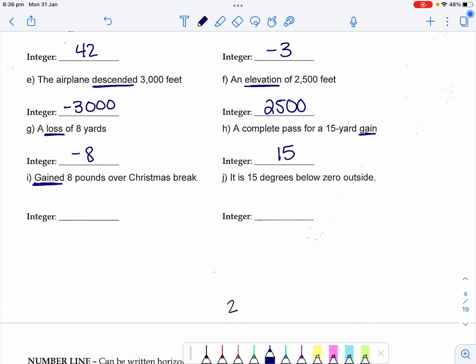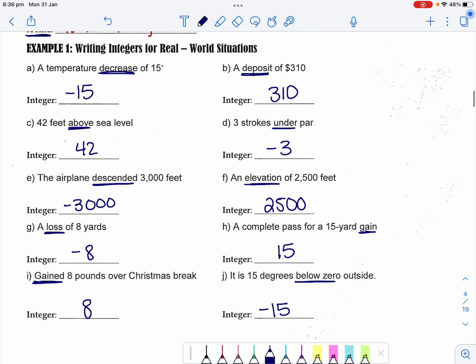If I gained 8 pounds over Christmas break, that's going to be a positive 8. And if it is 15 degrees below 0, it's -15. The words that I underlined were what told me it was a positive or a negative, and then I represented it with the correct sign and then the value that they gave me. So you already have the value, you just have to give it the appropriate sign.